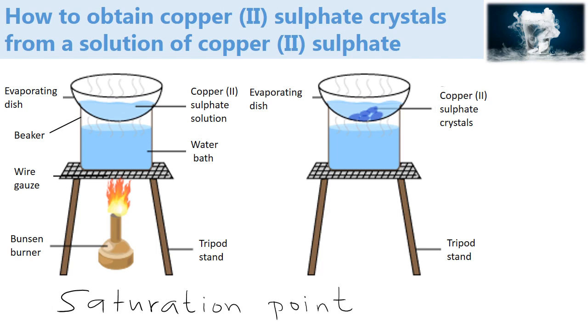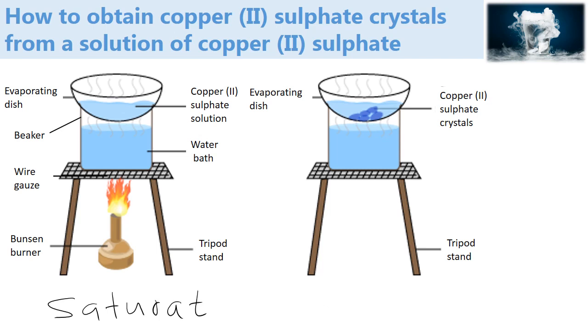And it would mean that this copper 2 sulfate solution is now saturated. A saturated solution is a solution in which no more solute can dissolve at a given temperature.